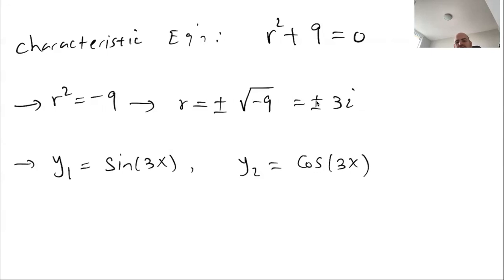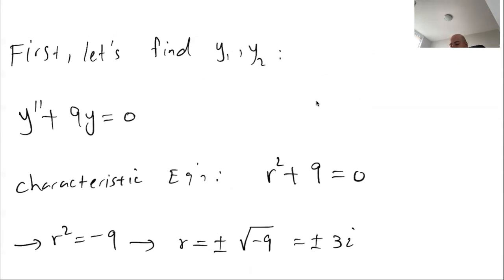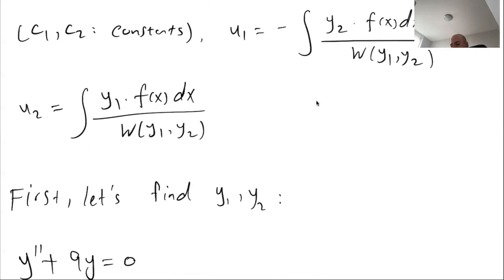Here alpha is 0 and beta is 3. So our solutions will be e to power 0x sine 3x and e to power 0x cos 3x, which means sine 3x and cos 3x. So these are the linearly independent solutions for our equation.